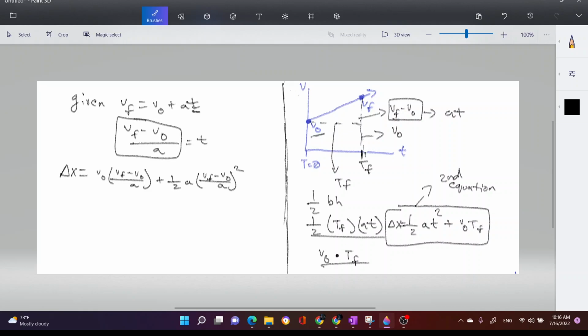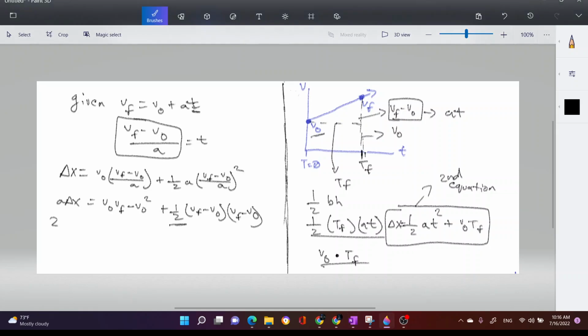To eliminate this A, we can multiply everything by A on both sides, so that would give us V naught, and I'm also distributing the V naught here, so that would give me this, plus 1/2 (VF minus V naught) times (VF minus V naught) here. And then to eliminate this 1/2 here, we multiply every single thing by 2.